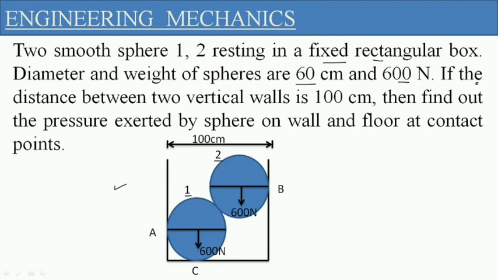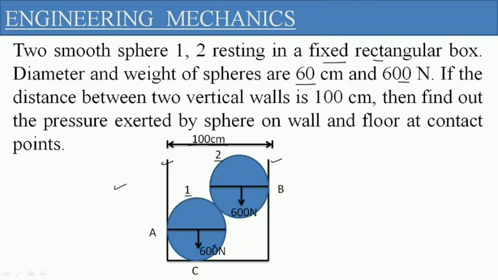Here it is given that the distance between two vertical walls is 100 centimeters. For the rectangular block, this wall and this wall are representing the vertical walls and the distance between these two vertical walls is 100 centimeters. Then we have to find out the pressure exerted by the sphere on the wall.